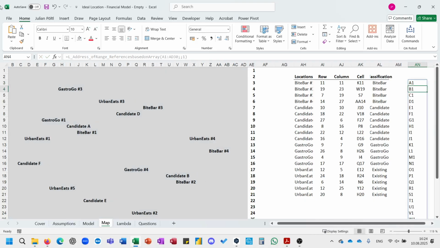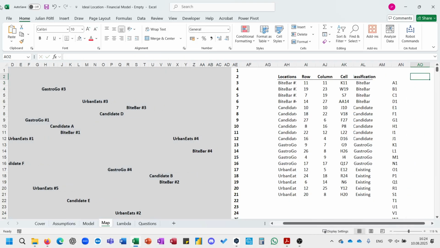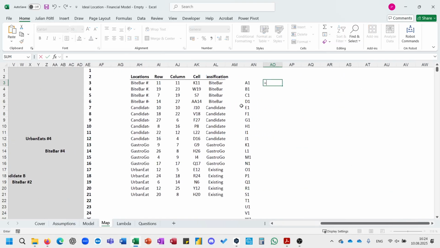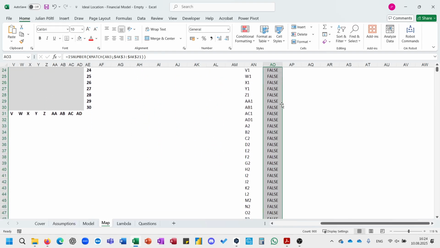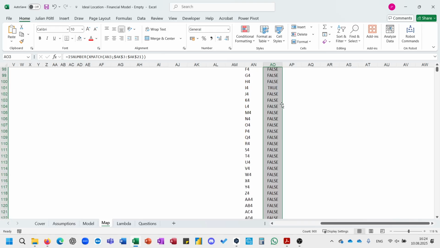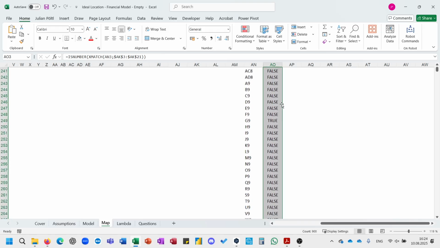It's an esport LAMBDA, so even this could be used in some ways. And then we will first check whether a cell is taken, and therefore we use XMATCH. Are there any taken cells? Yeah, here we go.